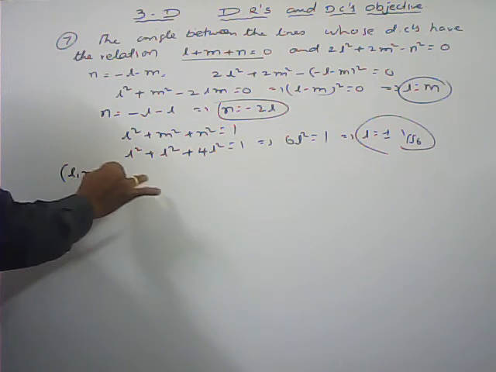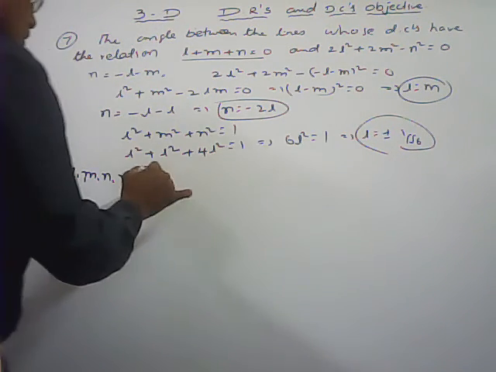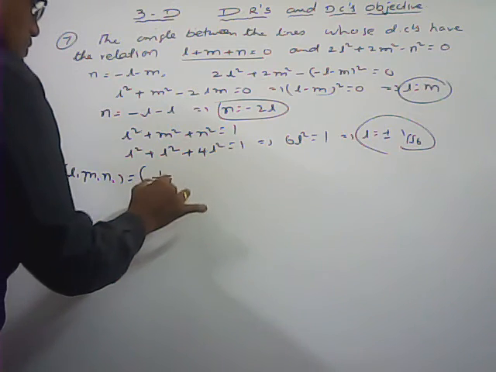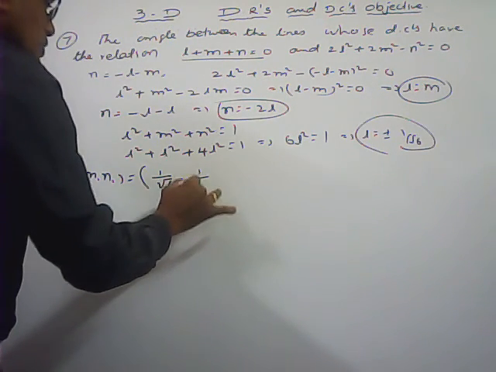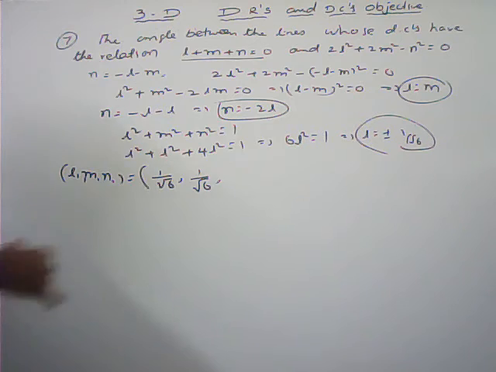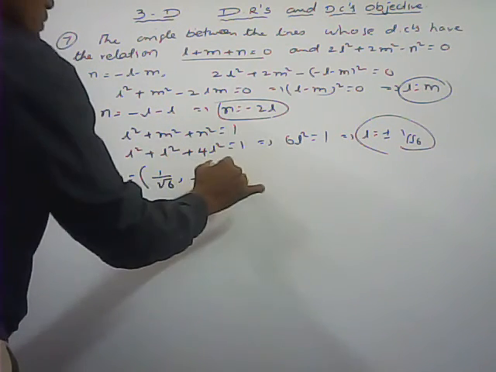So the DCs of the first line, L1, M1, N1, is equal to, here I am taking the plus value: plus 1 by root 6, L is equal to M also plus 1 by root 6, and N value is minus 2 by root 6.